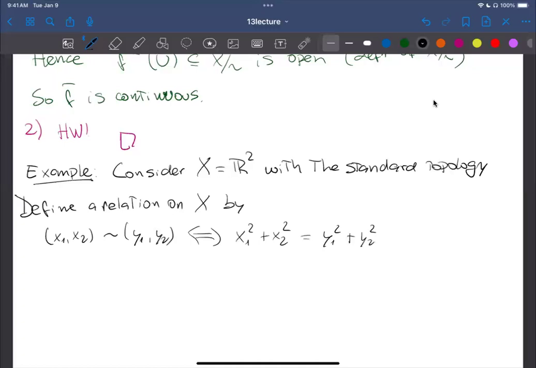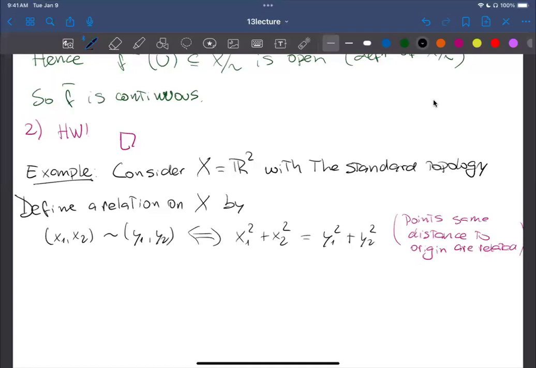The first quantity over here is just the distance from this point to the origin, and this quantity is the distance from this point to the origin. So that's the only thing that we're saying. We're relating points with the same distance to the origin. To be completely honest, the distance is the square root of this quantity, but that's essentially what's going on.